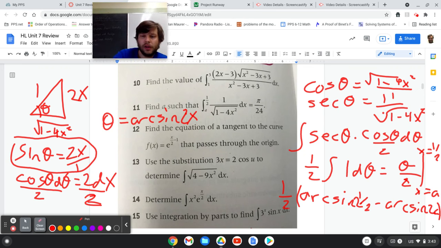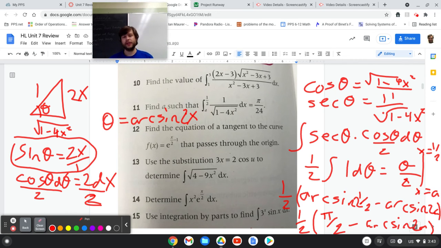Okay. So the arc sine of 1, what angle gives a sine value of 1? The angle is 90 degrees, aka pi over 2. And then minus arc sine of 2a. Can't really do too much with that.